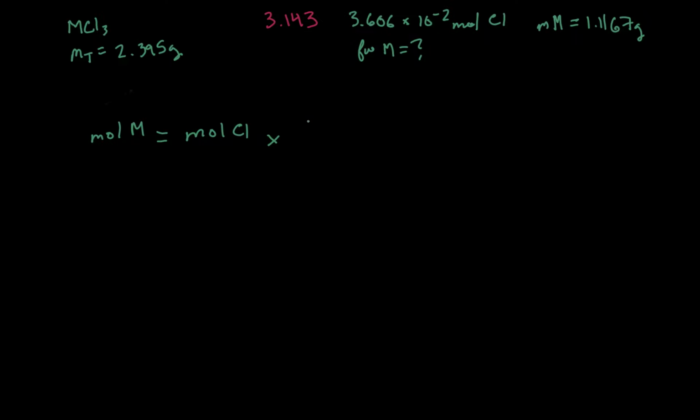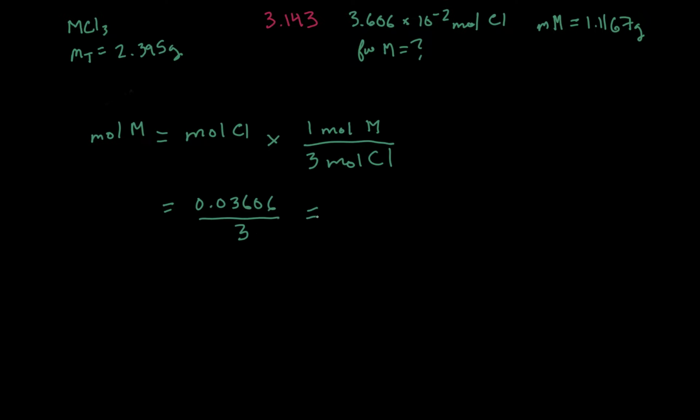So that means 1 mole of M per 3 moles of chlorine. Right, so these cancel each other out. That number is going to be this one right here. So we divide this number by 3. All right, so that is 0.3606 divided by 3.